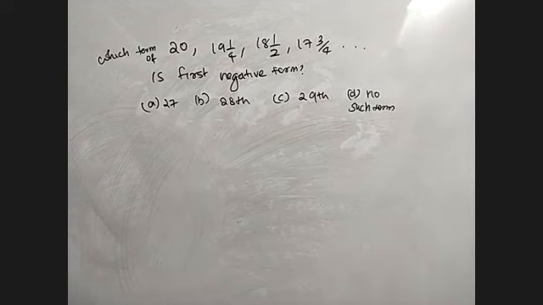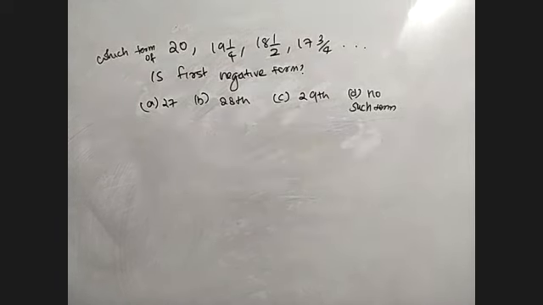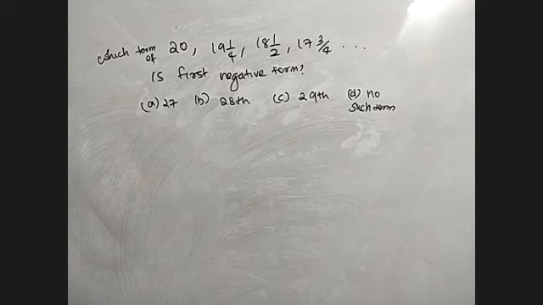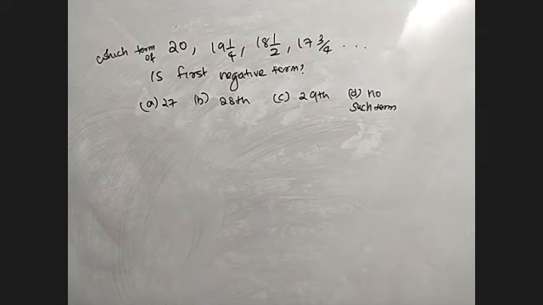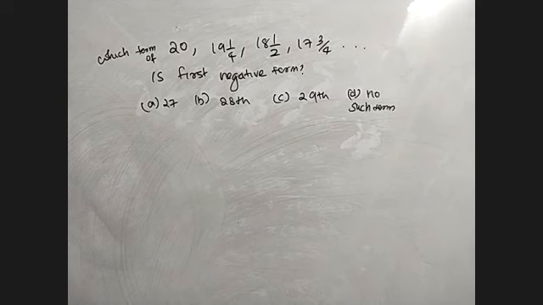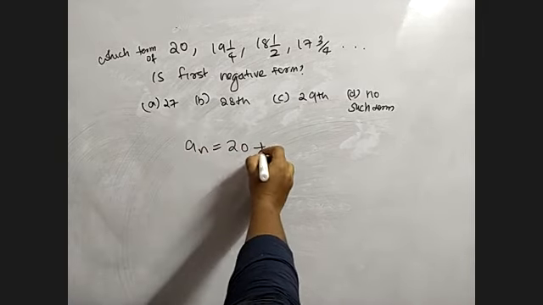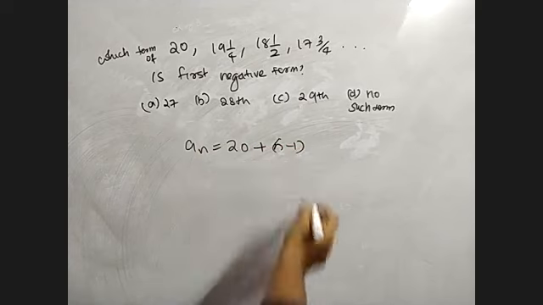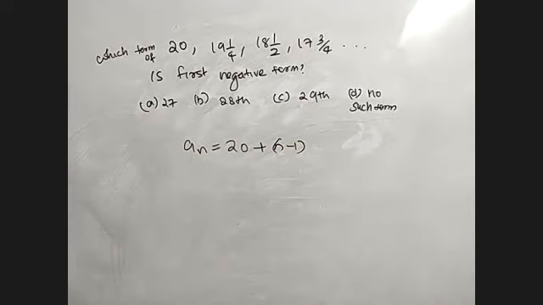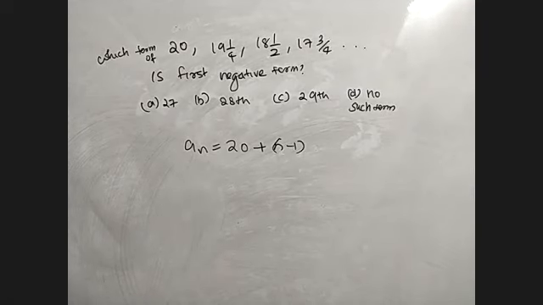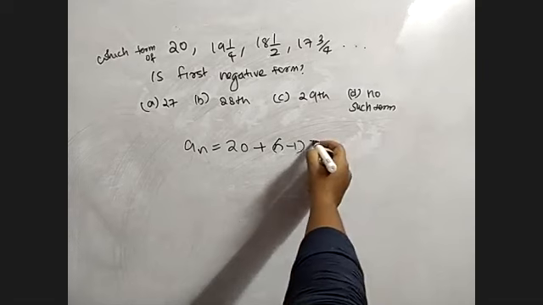What is the nth term you are getting? This is an AP, right? An is equal to 20 plus n minus 1 into, what is d here? Minus 3 by 4, right?